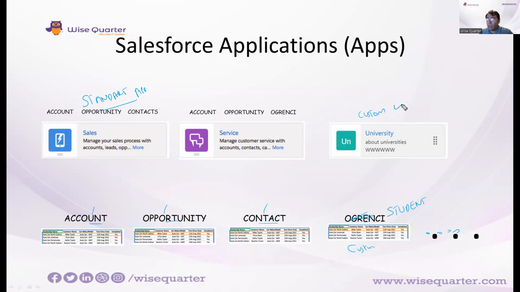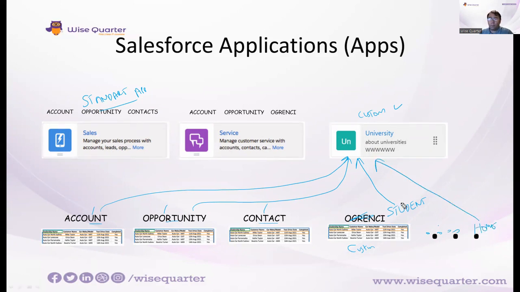But what does application mean? You need to use some objects. I can use account object, I can use opportunity object, and I can use student object. If I want to use another object, for sure I can, because we have home object, I use that one too.